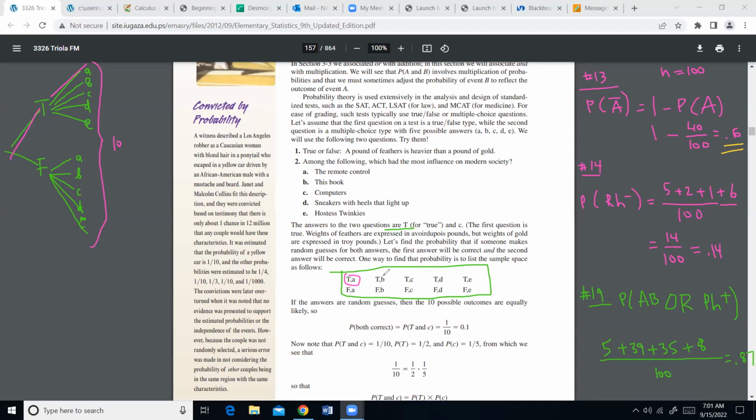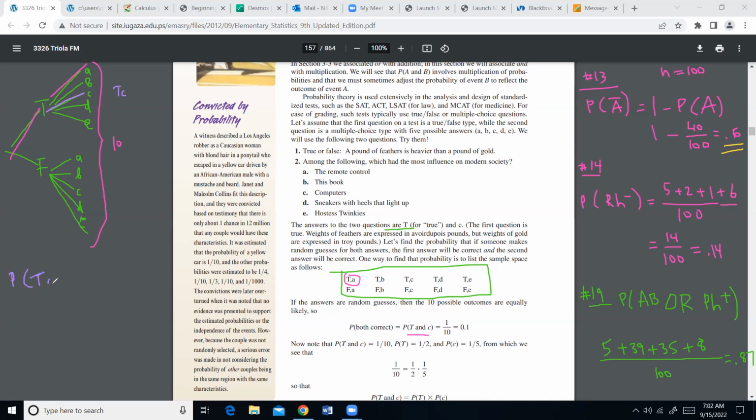So they say, what's the probability to get the correct answer if the correct answer is T and C? If you know that the correct answer should be T with a C, there is only one such selection out of 10, right?